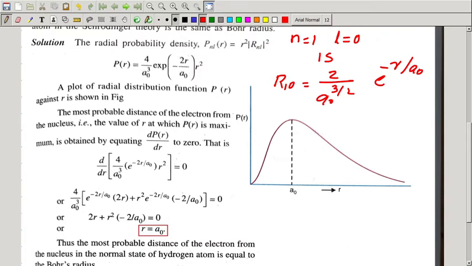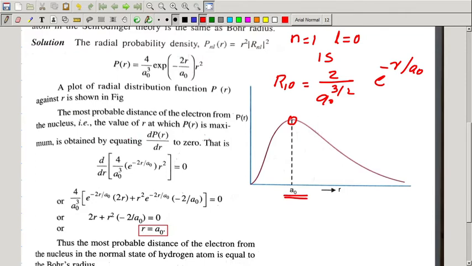Mod R square is the square of this. It's a real quantity, so the complex conjugate is the same. So R square means 4 divided by A0 cubed times exponential minus 2r by A0. Now if you plot this, you can see the maximum occurs at r equal to A0. So the maximum probability occurs at r equal to A0.